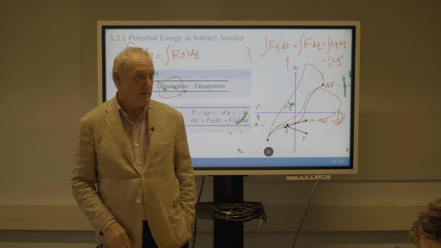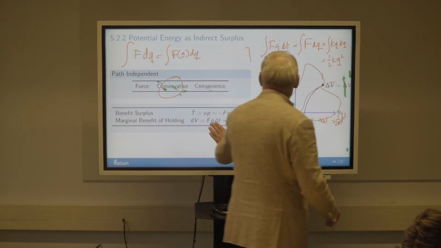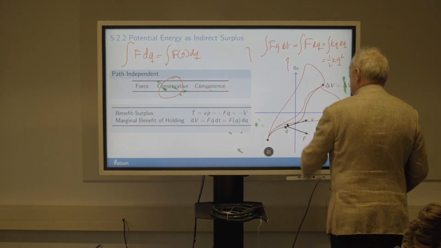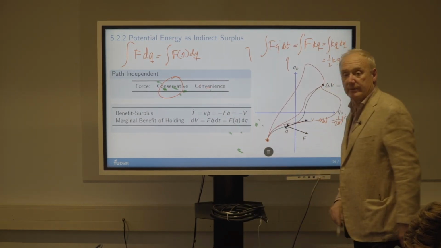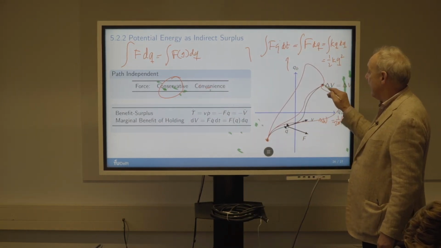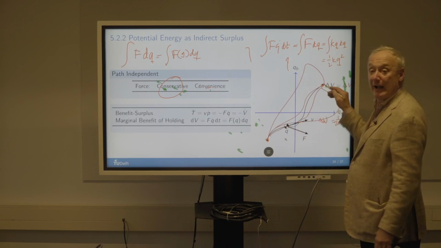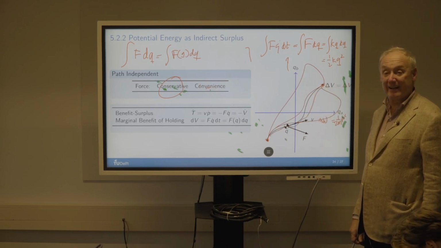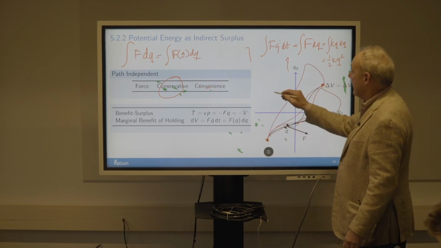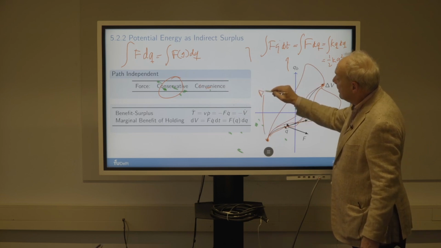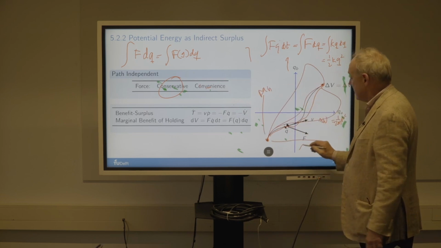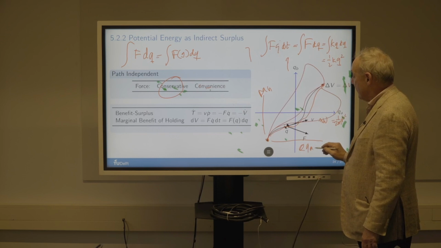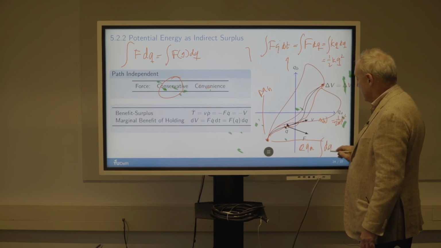So what's going on here? Suppose I'm trading, and I look at my potential surplus here, and then I go along this bottom, and then I look there how much I've got. So I can have a change in QB, and I can have a change in QA. That's no problem, because that's just the integral of dQA.